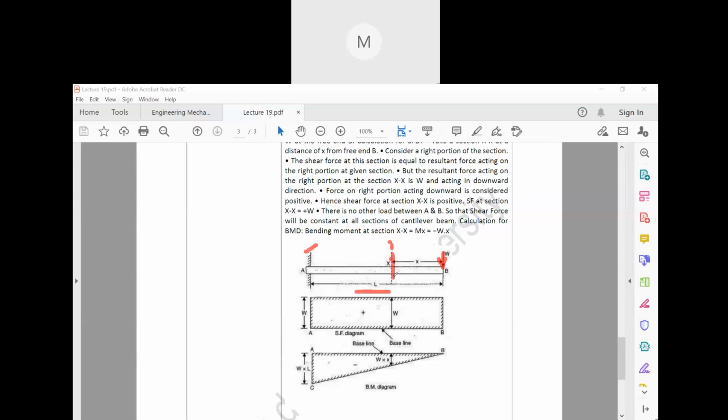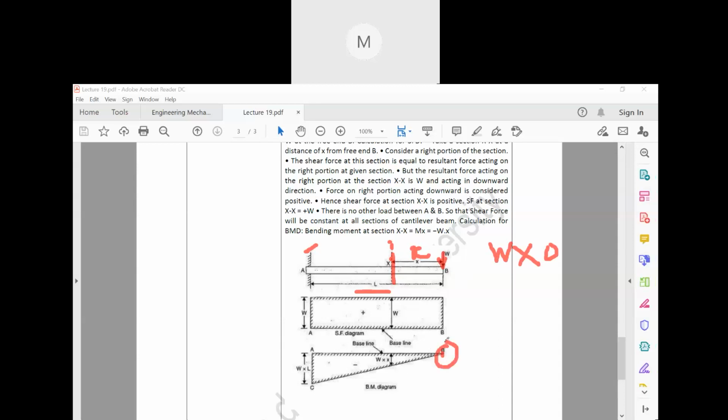In this section it is at a distance of X from W. Now at this particular point at the tip, W into X will be W into 0. That is why it is 0 here.